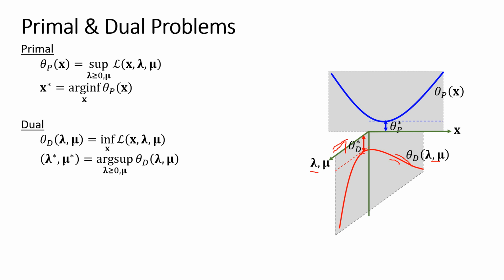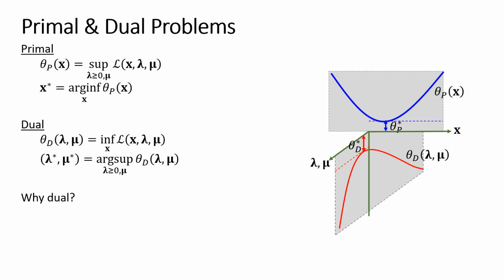So this would be this point here. Let me use another color. This point here would be lambda star, mu star. And the duality gap says that theta p star is more than theta d star. Theta p of x is always above theta d of lambda, mu.